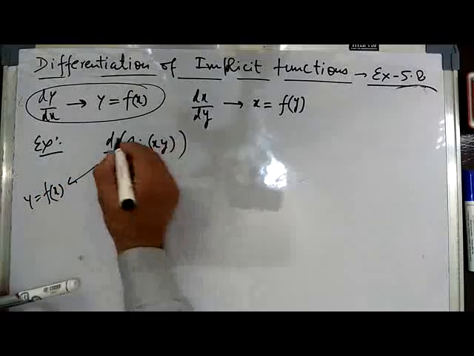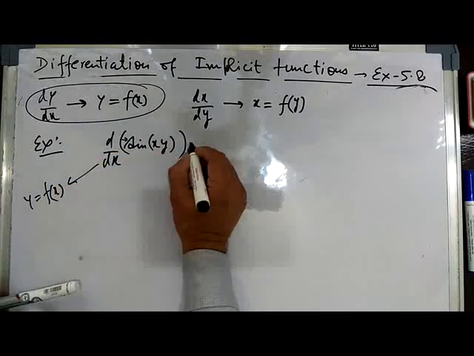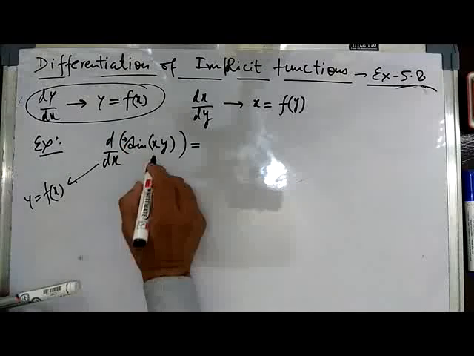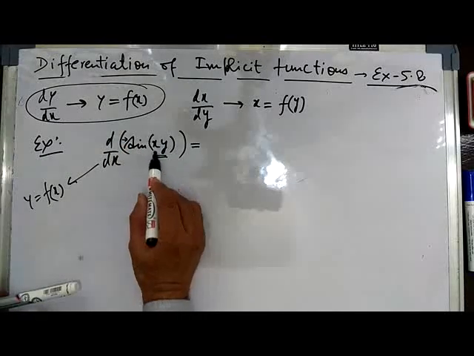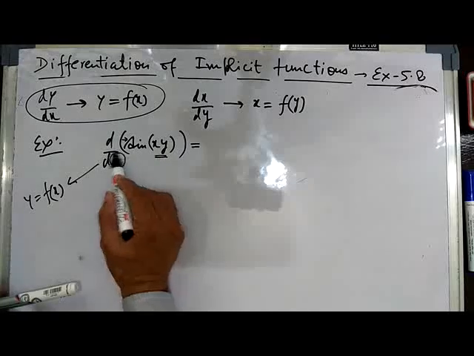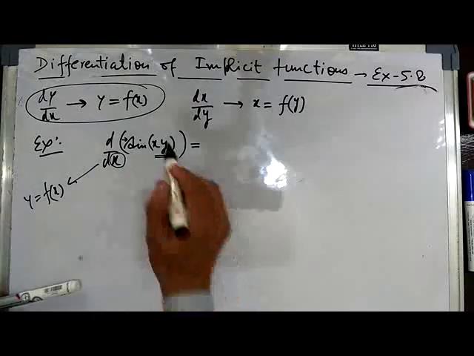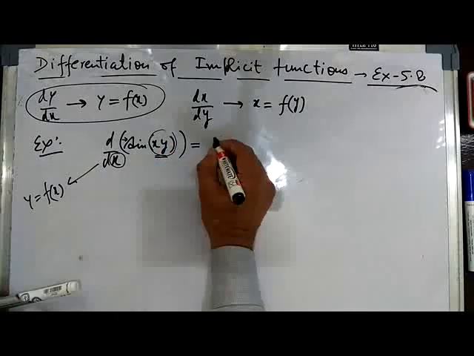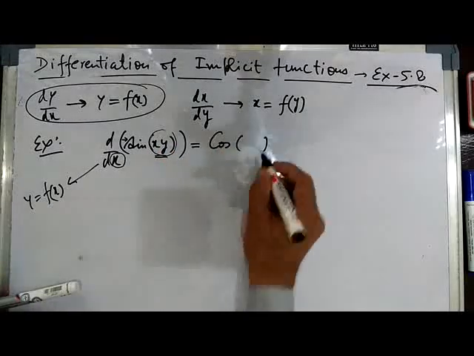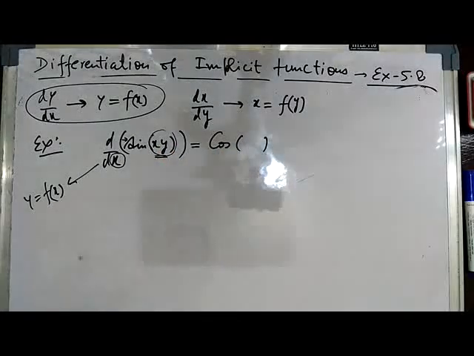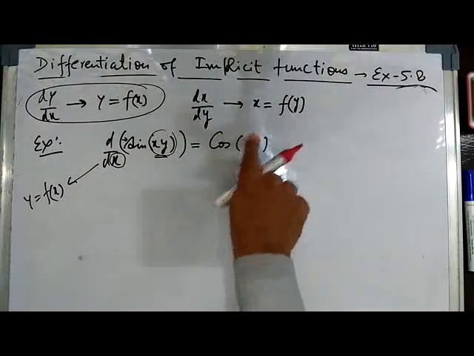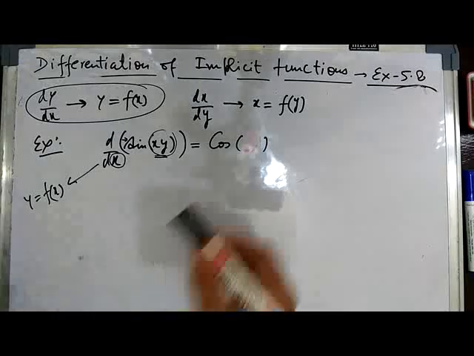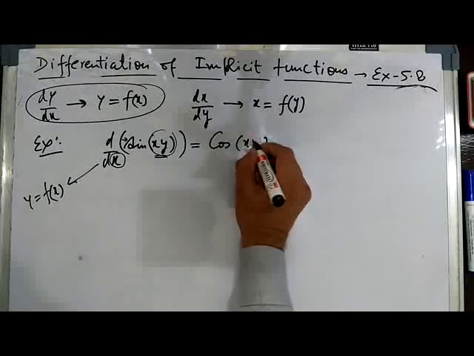See what happens. When you start differentiating by the chain rule, you strike here, that is taken as an x, because your differential operator always recognizes this place as this variable. So this xy is taken as x. So cos x, but there is no x. Instead of x, there is xy.